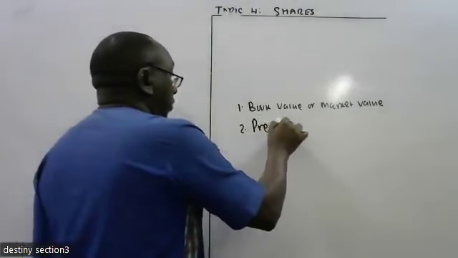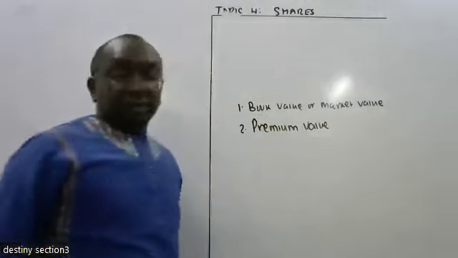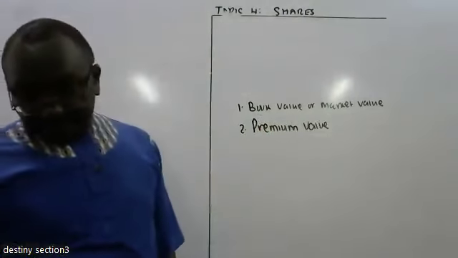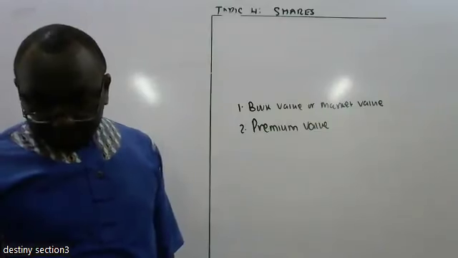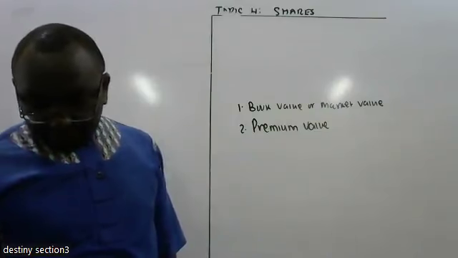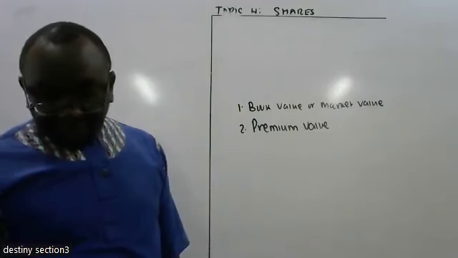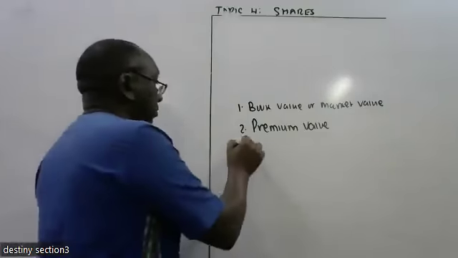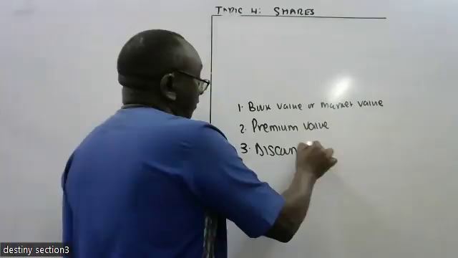Number 2 is premium value or price. And number 3, discount value.